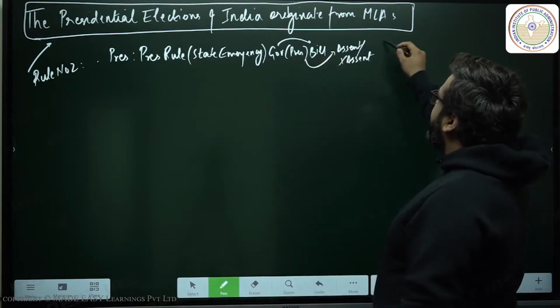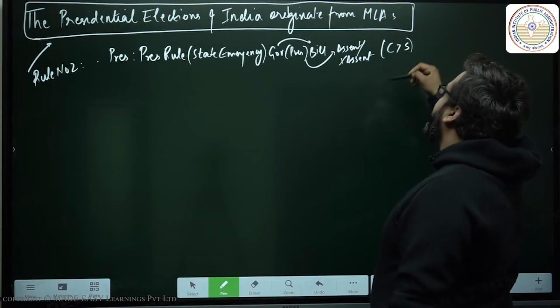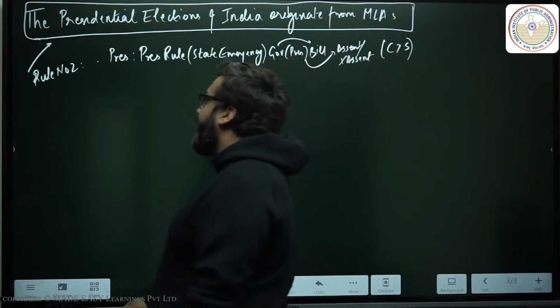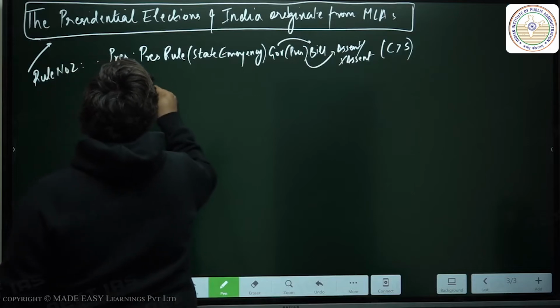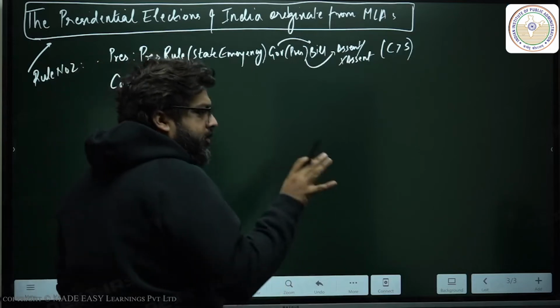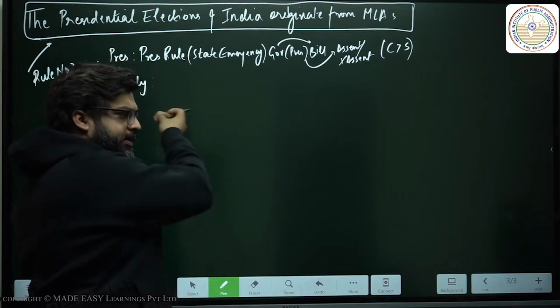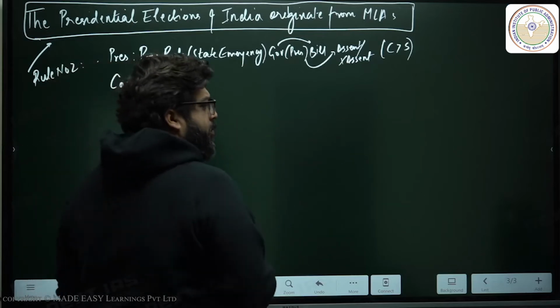So the president enjoys several powers stronger than the state powers, and therefore the candy that we must give the states is that don't worry beta, this person is being chosen from you.